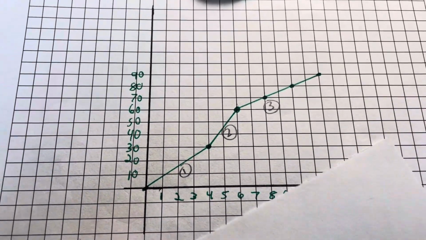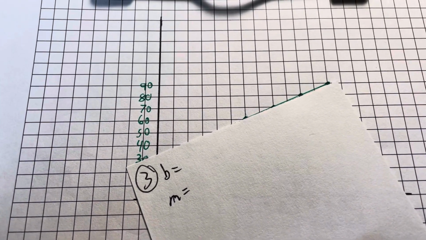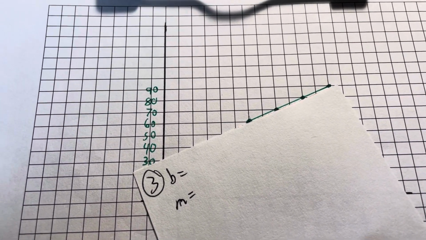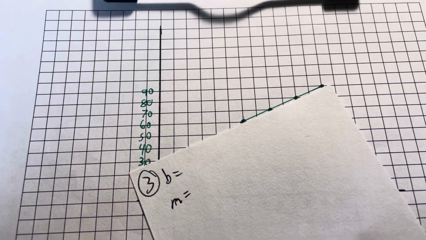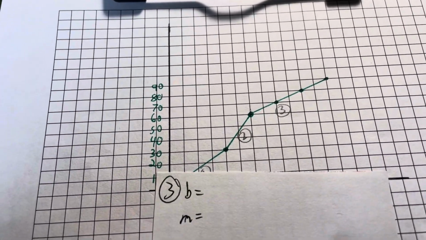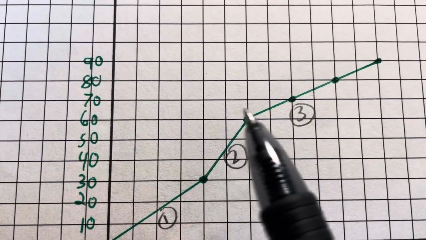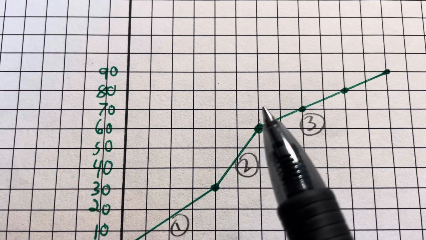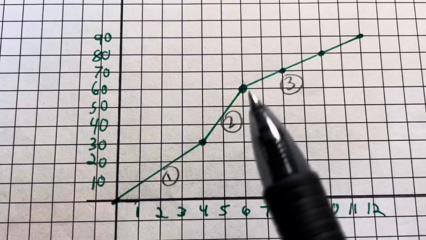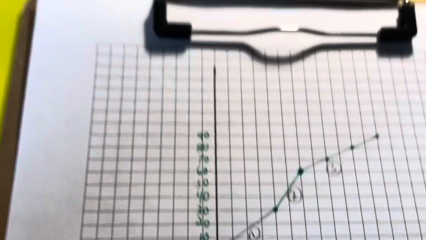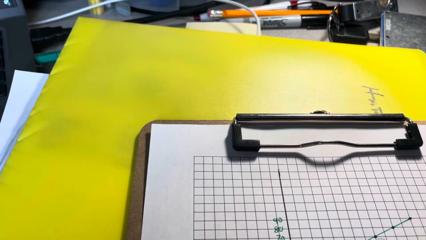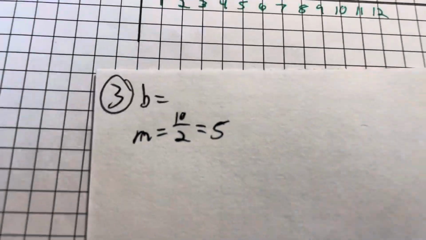Again, the reason they're called piecewise functions. Yes, I can kind of look at this. It looks like it's going to cross here at 30, but let's make sure by actually doing the math. So notice this one goes up 1, which is 10, over 2. So up 10 over 2. So 10 over 2 is 5. So my slope for that line is 5.